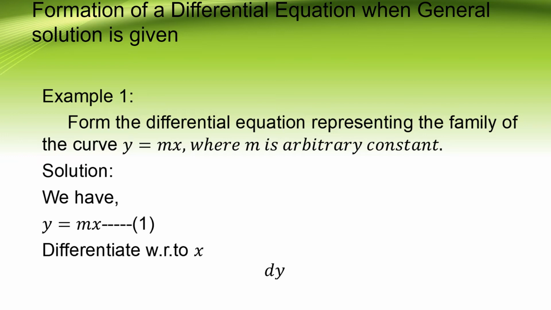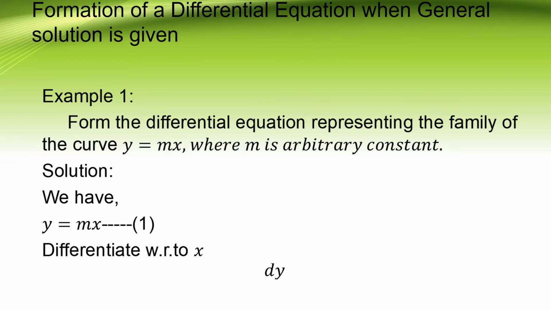We have to differentiate the given equation to eliminate the arbitrary constant m. By differentiating y equal to mx, we have dy by dx is equal to, by differentiating mx, x changes to 1, so we get dy by dx is nothing but m.